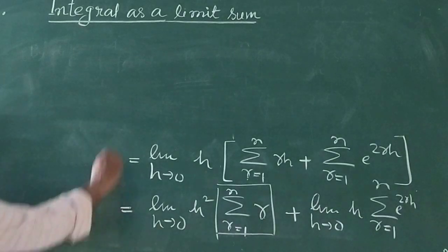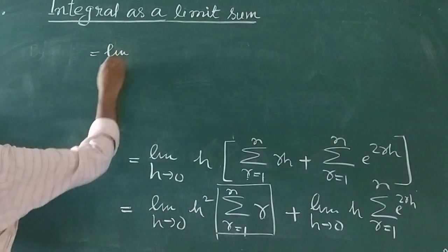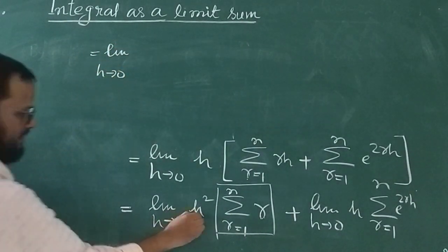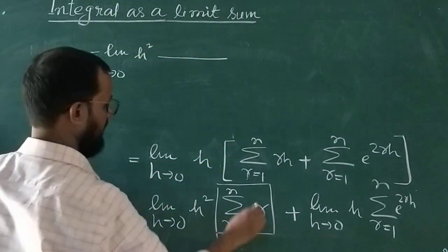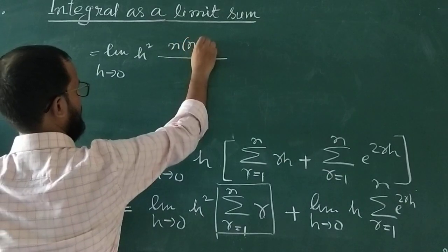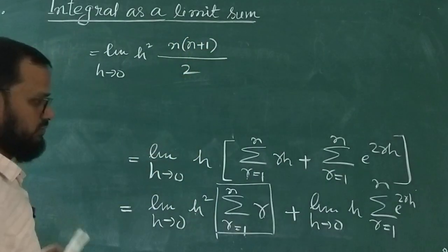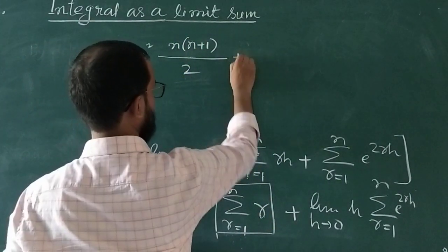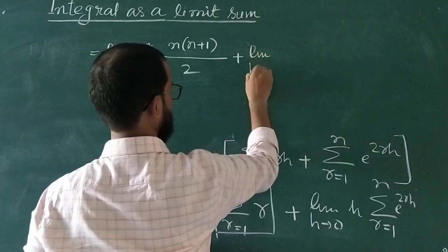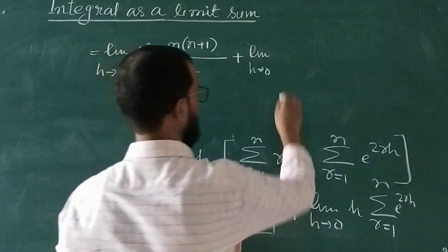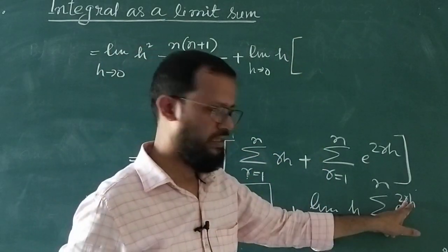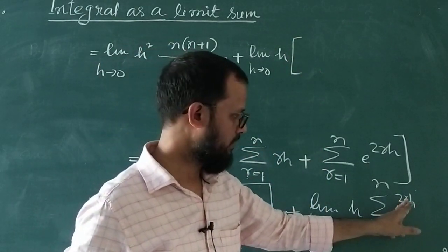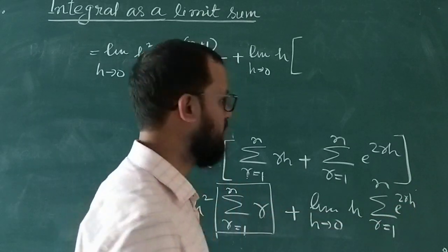Replace this result. Then you will get limit h tends to 0, h square is there, and it will be n into n plus 1 divided by 2, and this summation can be expanded. First you put r is equal to 1 here, you will get e to the power 2 into 1 into h, means e to the power 2h.